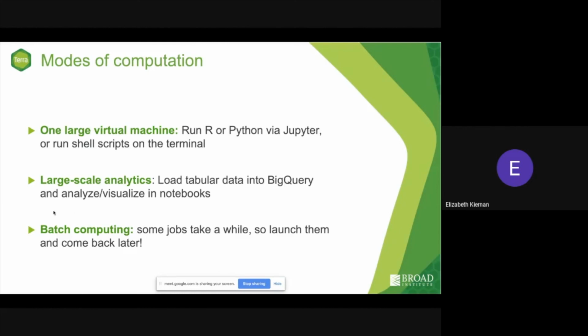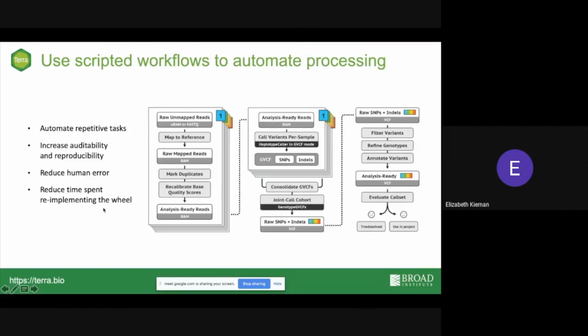I do want to go a little bit more into this idea of batch computing and running pipelines, because for many of you who actually do this, you know that it's very important for these processes to be automated and reproducible. I'm showing you an example here on this page from the GATK best practices pipeline. The goal here is not for you to read all these steps within this pipeline, but just to recognize that there are many steps and that each of these is its own bioinformatic tool.